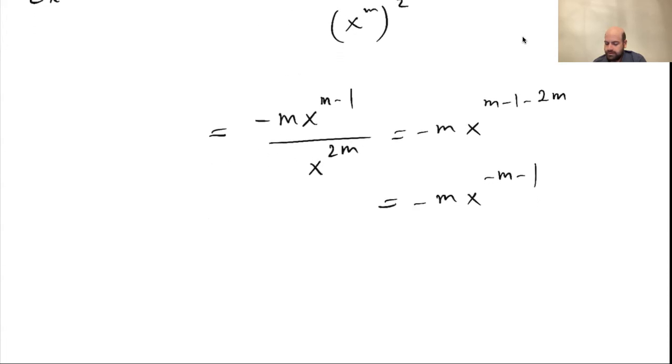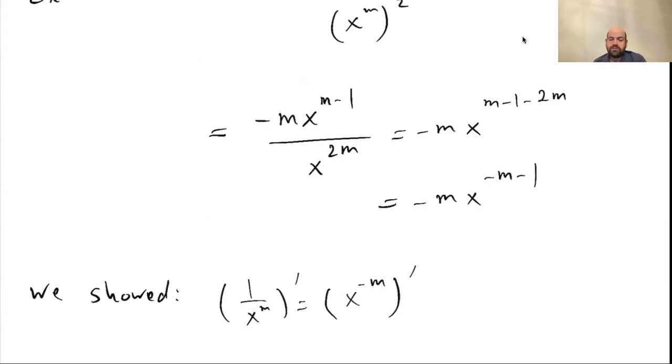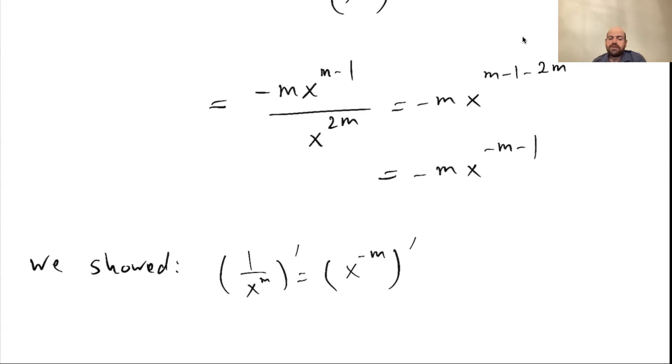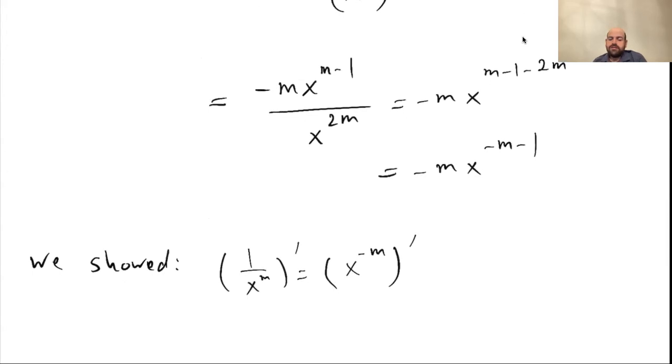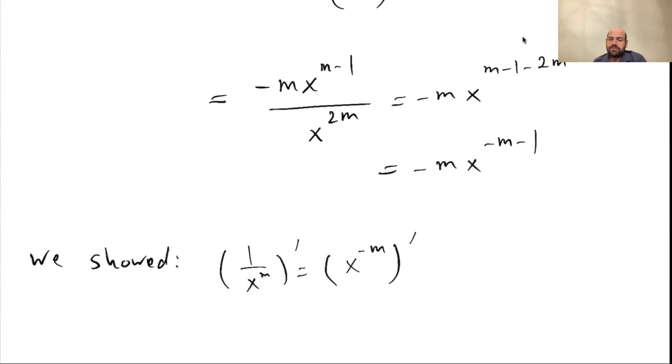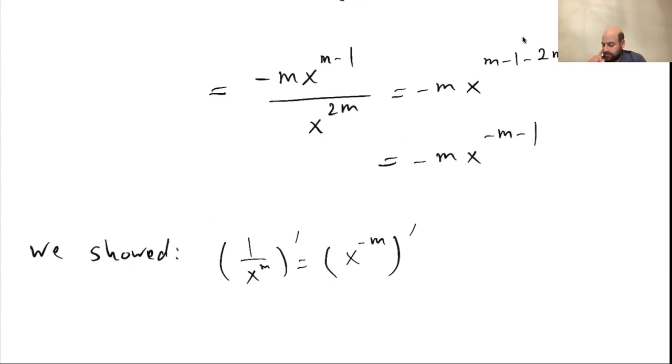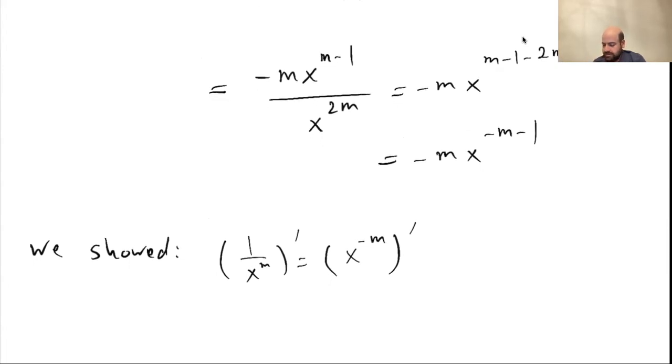So we showed that the derivative of 1 over x to the power m, which is x to the power minus m, because 1 over x to the power m is the same as x to the power minus m. So what was the derivative according to our calculation? The answer is minus m x to the power minus m minus 1.